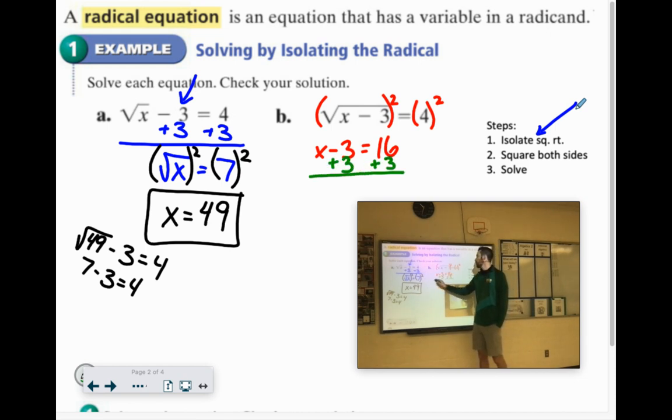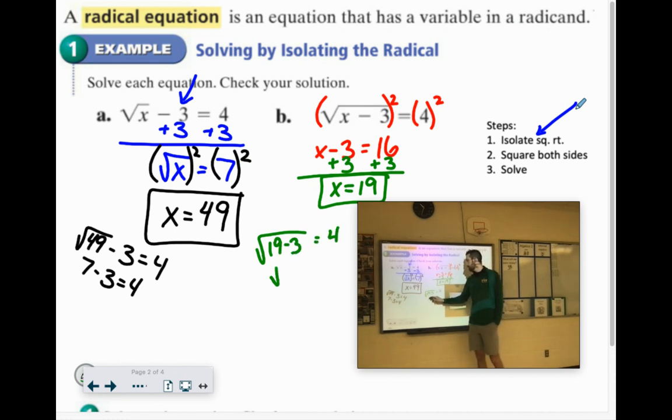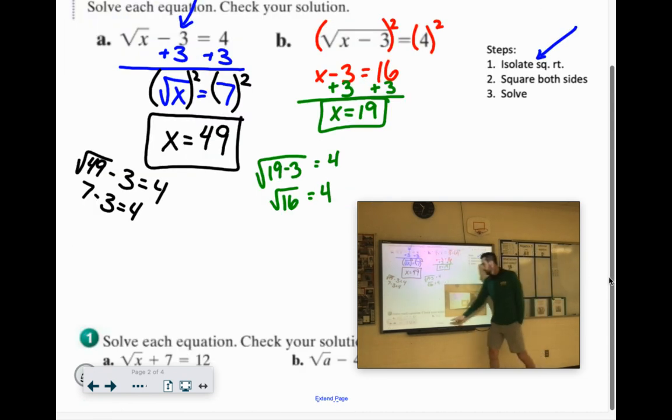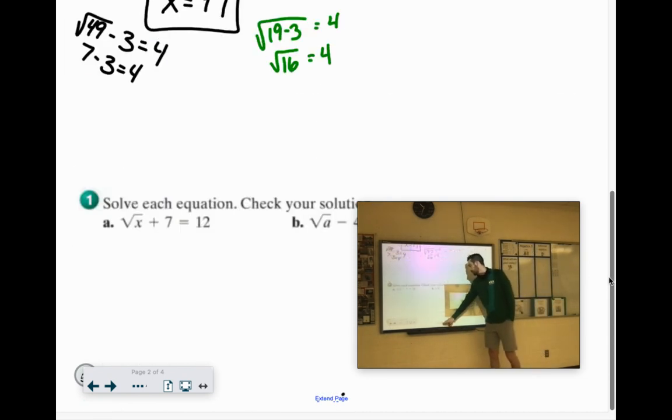You get x equals 19. Now if you check that in the original equation, 19 minus 3 is 16, and the square root of 16 is 4. So that one works out, okay? We always take the principal square root, the positive square root, when we're solving these equations.